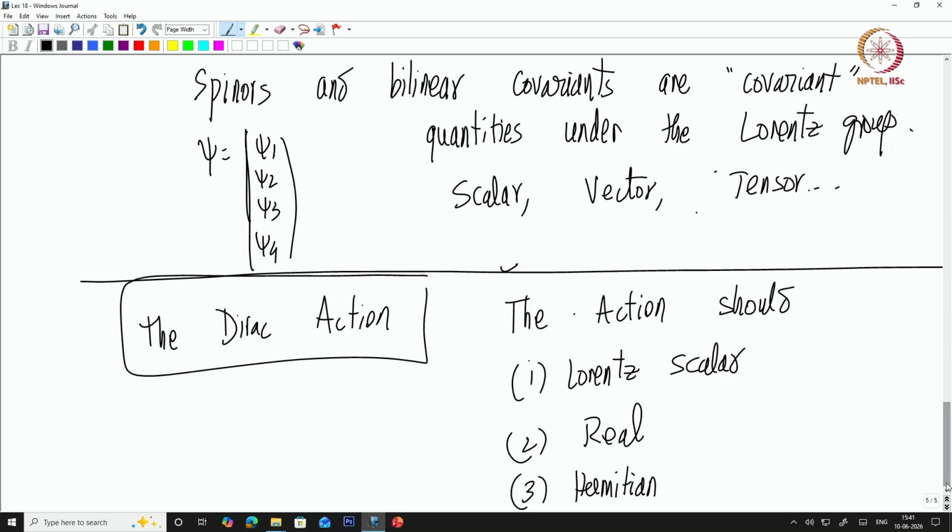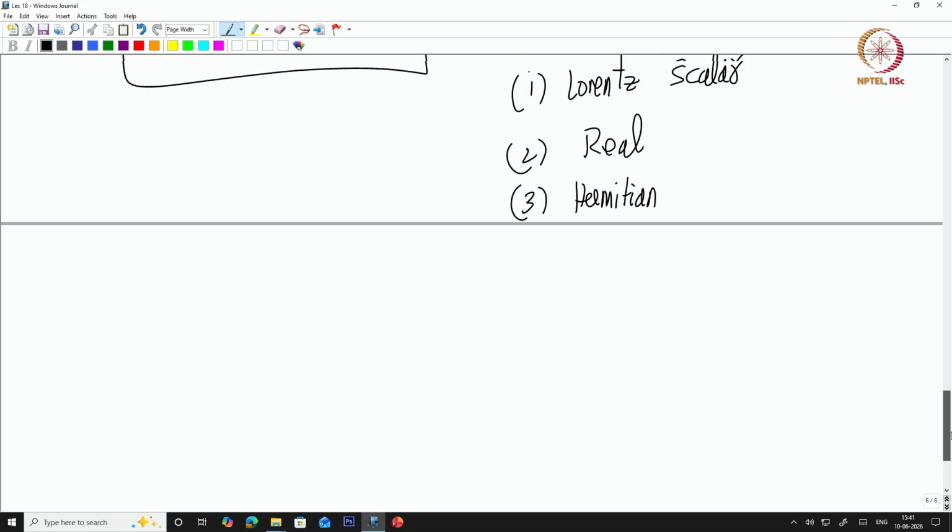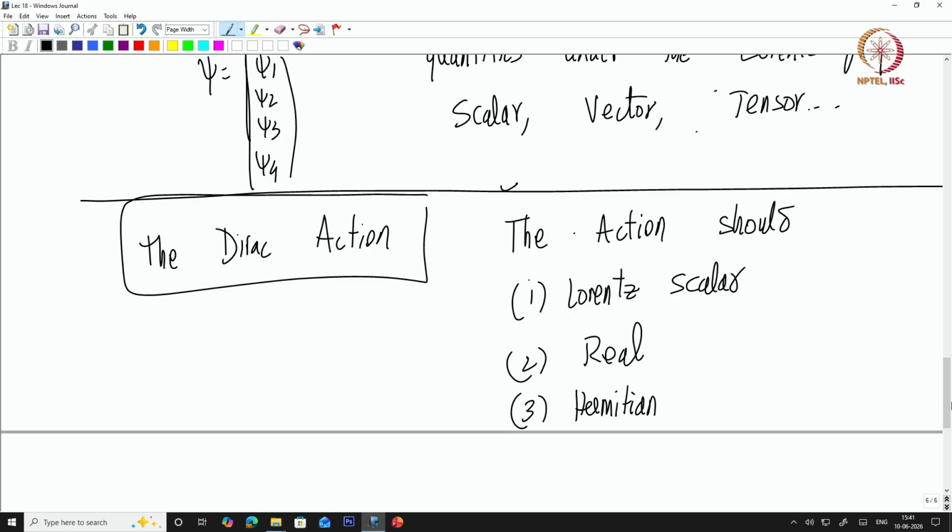Now, with these bilinear covariants, which ones are scalars, meaning invariant under the Lorentz group? The only thing we have is the scalar, and the other one from which we can form a scalar is the vector bilinear.